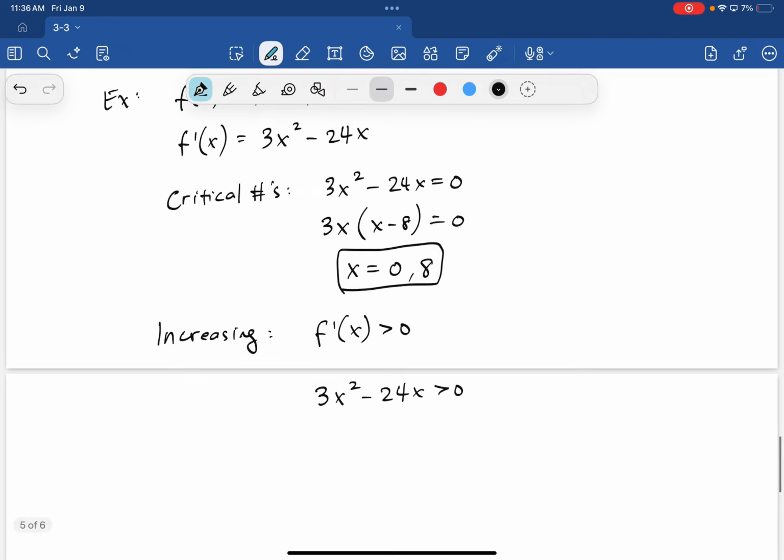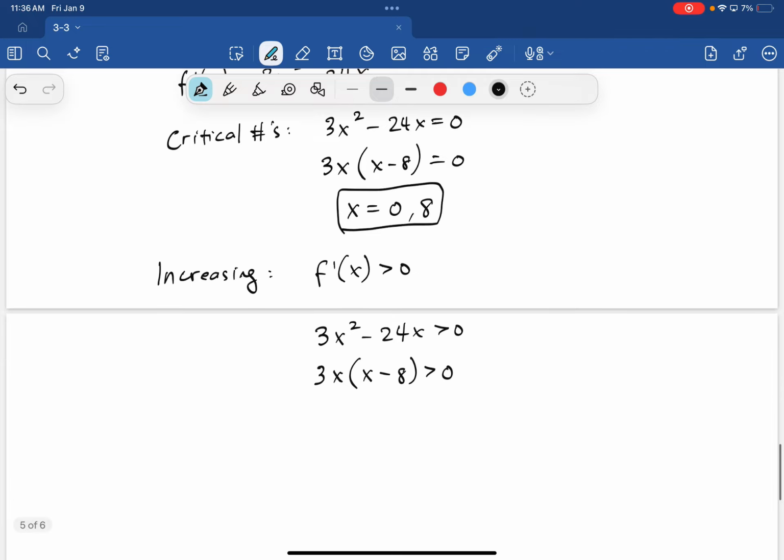This is a little challenging, so let's think about it. First, let's factor it, just like we did before. So that factors as 3x times x minus 8.